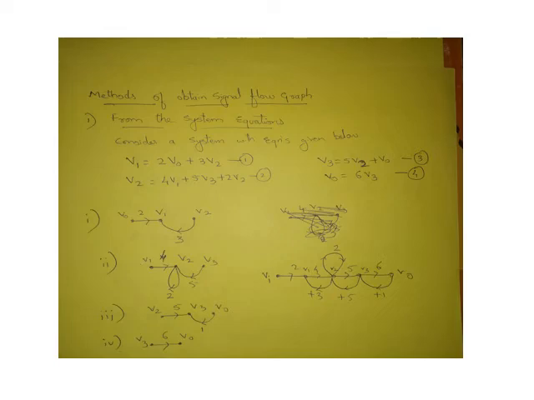If I have to draw the signal flow graph for this equation number 1, I'll just write a node here with V1. At V1 I am receiving two signals, one from VI and one from V2. VI is an input node, so I'll draw one point with the name VI.